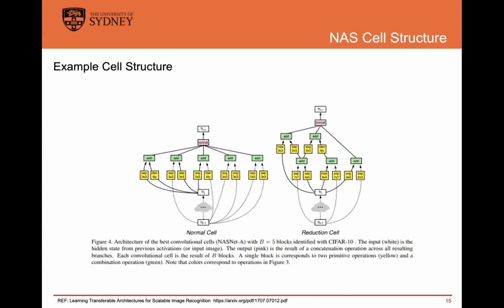And this is an example of a normal cell and a reduction cell. As we can see, there's a hidden layer here. It will pass onto a separable 5x5 convolutional layer, and then this one is going from previous states into a 3x3 convolutional layer, and then they concatenate together, with a concatenation at the very end.